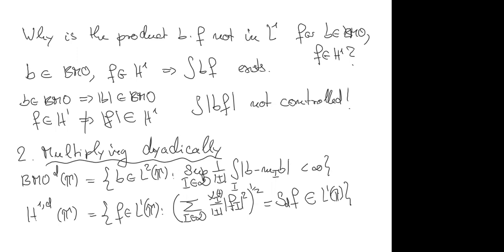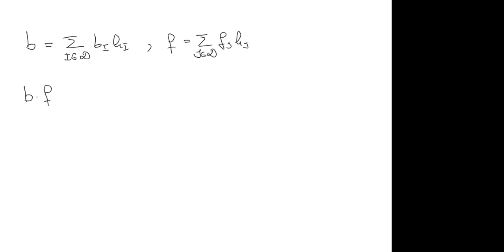Okay, so I'm just taking a new page. What happens if I multiply dyadically here? I'm really only multiplying. I write both f and B with their formal Haar expansion.